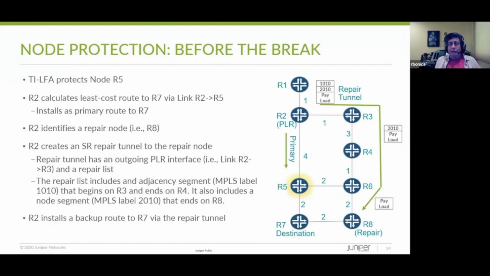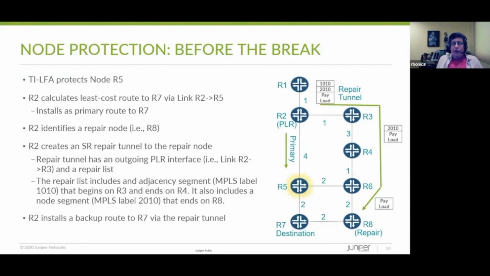So your choice of repair tunnels changes. You don't want to use R4 as a repair tunnel because it would send traffic to R6 that would leverage the ECMP. You don't want to use R6 as a repair tunnel because it would leverage the ECMP. You want to use R8 as the repair tunnel. So what does this repair tunnel look like?